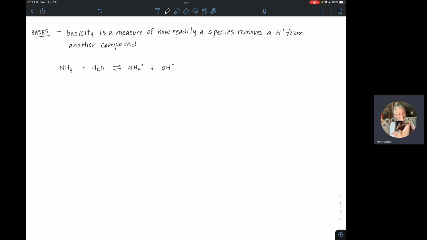But I can also compare this to another nitrogen-containing base, and now instead of 3 hydrogens bonded to the nitrogen, I'm going to substitute one of those hydrogens for another group. And that other group, I'm just going to keep it simple and use our smallest organic group.